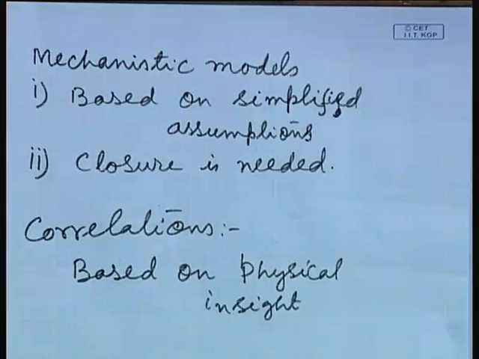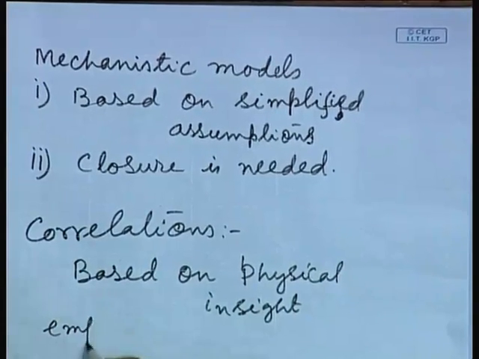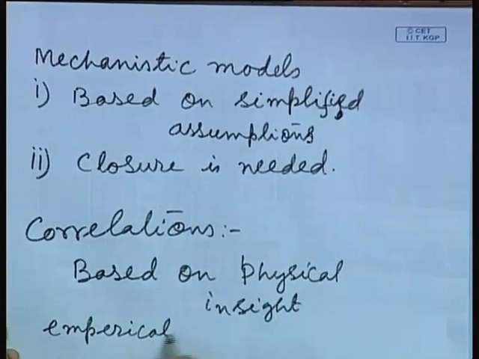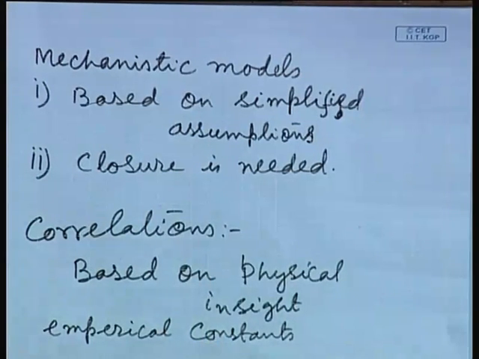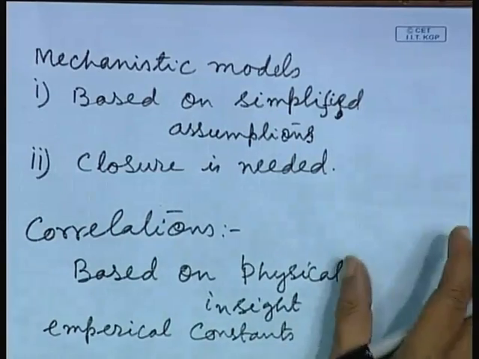So, that is why it is not totally a black box kind of correlation, and they will have, of course, empirical constants. Now, as far as the analysis of boiling heat transfer is concerned, we really cannot differentiate between mechanistic model and correlation. We see more or less a mixed kind of approach, and let us see what are the different models available for boiling heat transfer.